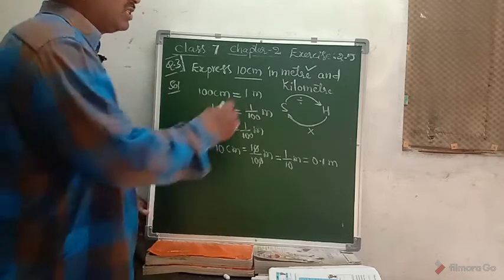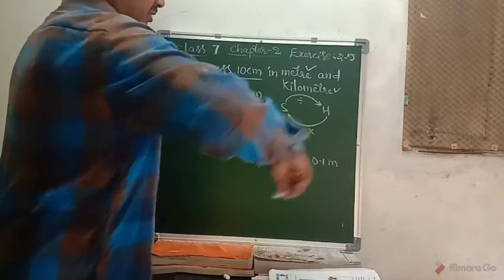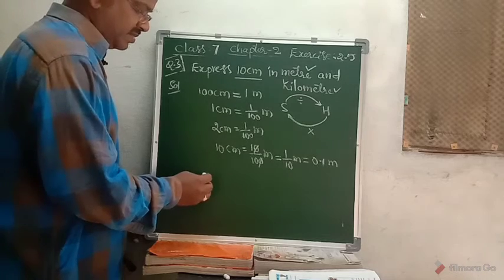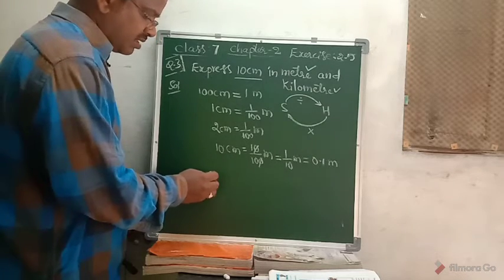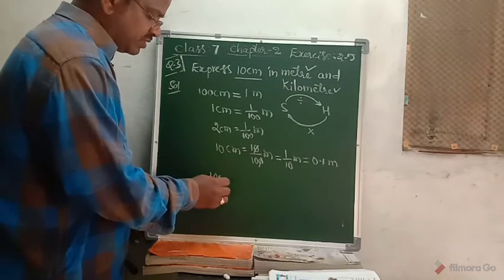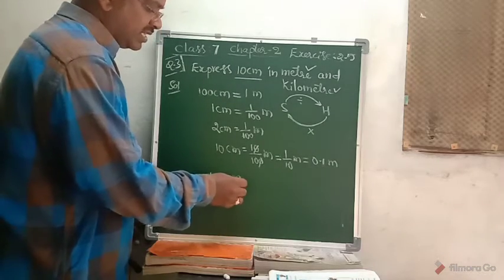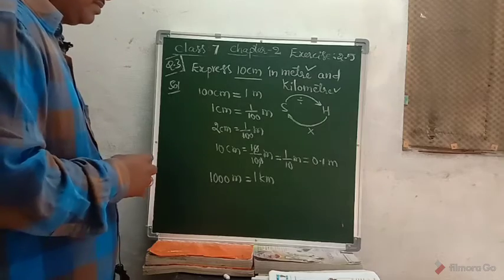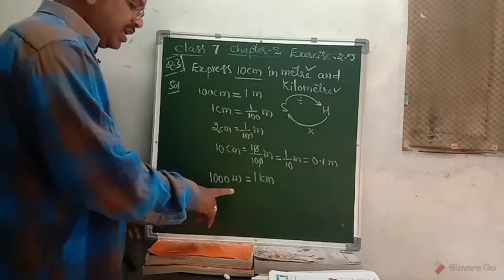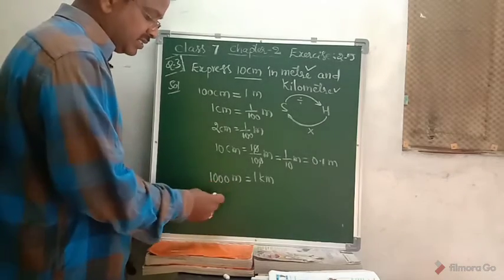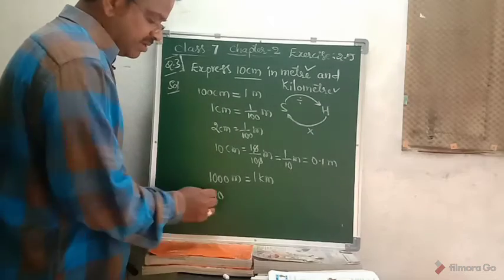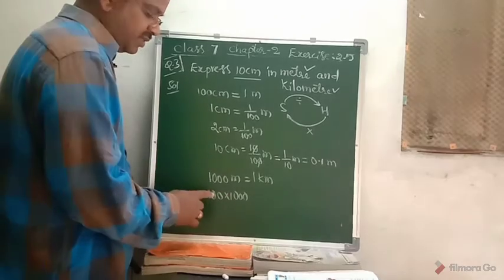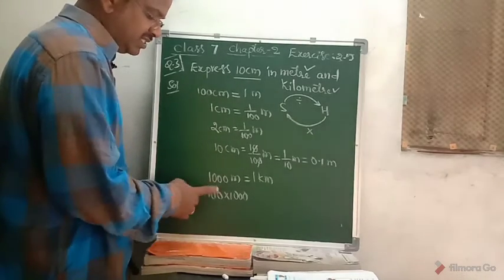Then we convert it into kilometers. 1000 meters makes 1 kilometer, and there are 100 centimeters in 1 meter.